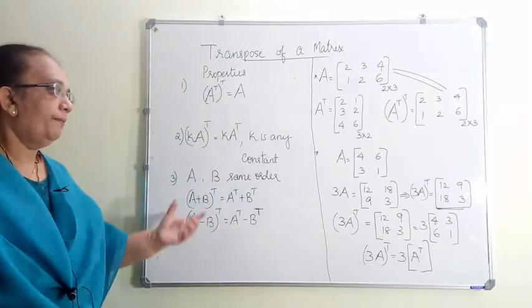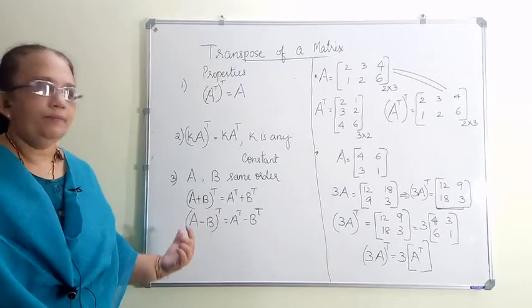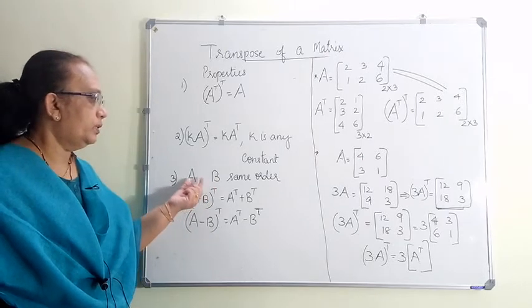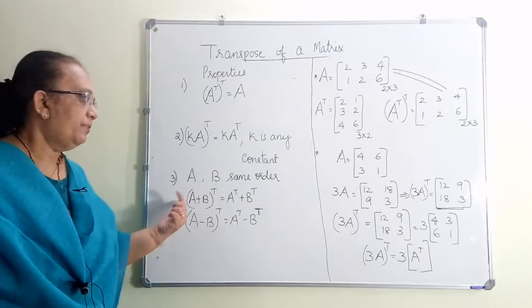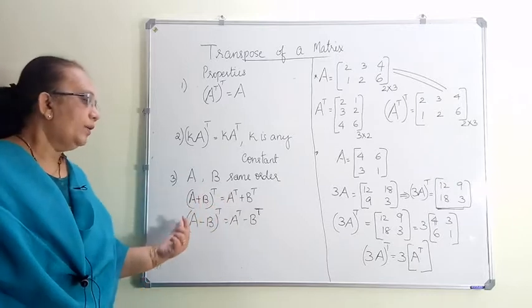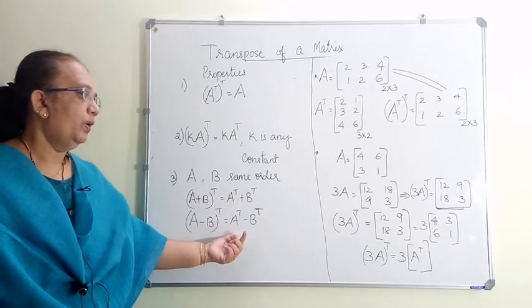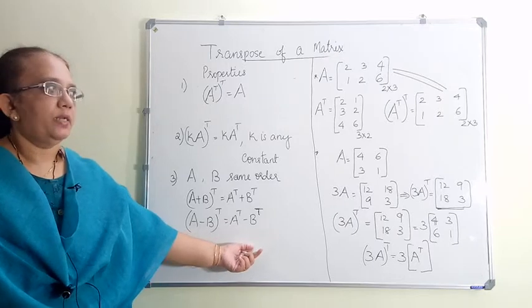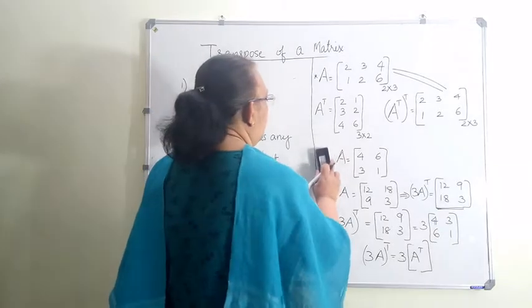Now, you have to memorize these rules. At the same time, in the exam, they may give you two matrices A and B, and you may be asked to verify A plus B the whole transpose equal to A transpose plus B transpose, or A minus B the whole transpose is equal to A transpose minus B transpose. We will discuss through some examples.